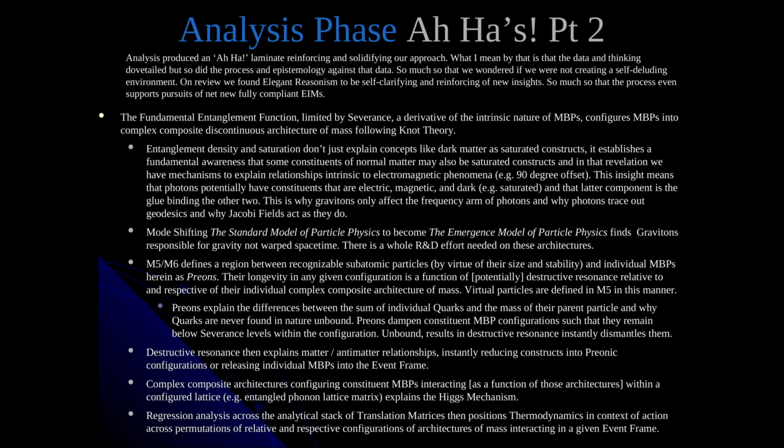I'm kind of done. So when we look at the fundamental entanglement function limited by severance, both of those processes are a derivative of the intrinsic nature of MBPs, and they configure MBPs into complex composite discontinuous architectures of mass following knot theory.